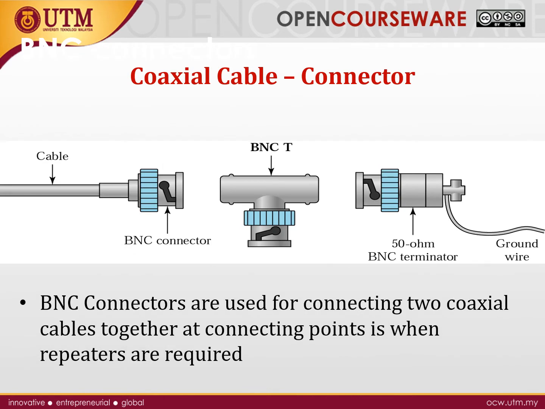And this is a figure of the coaxial cable connector that we might need to connect two coaxial cables together at a connecting point when we use repeaters or amplifiers, depending on whether it's analog or digital.